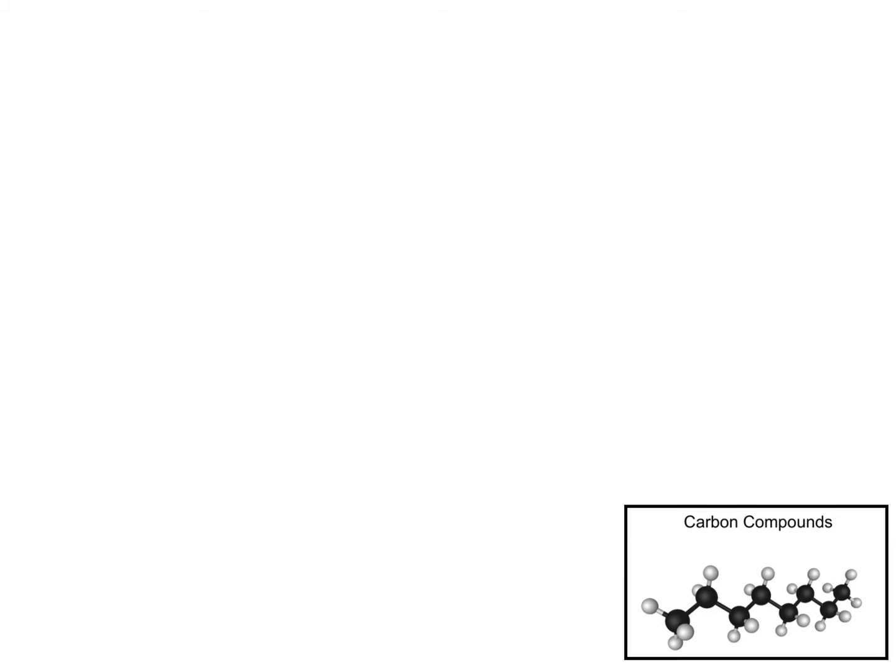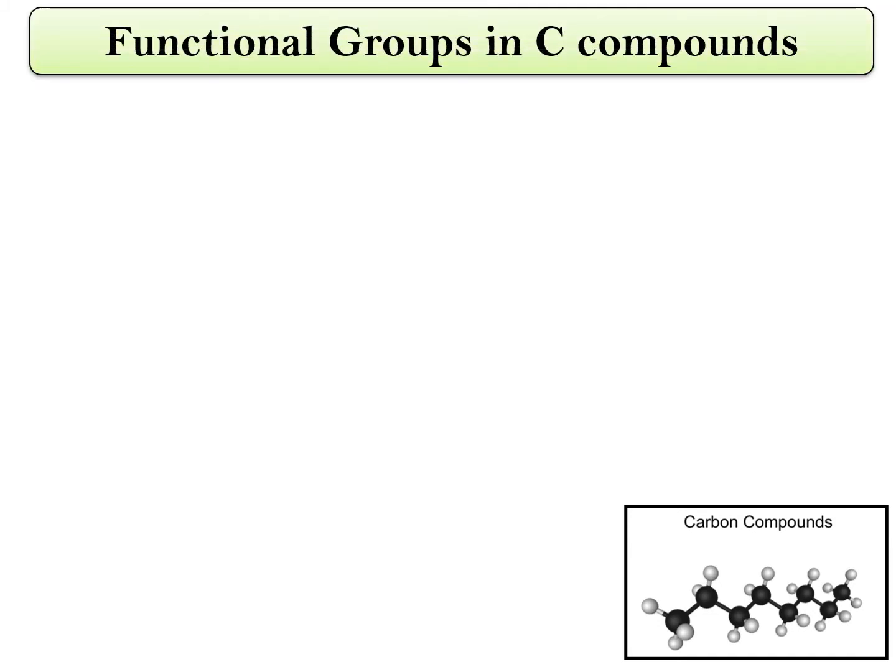Okay, now let's move to the next topic, functional groups in carbon compounds. Till now we have seen that the four bonds of a carbon atom, its tetravalency, have been completed by hydrogen atoms. It is not always necessary that the hydrocarbon will have hydrogen.